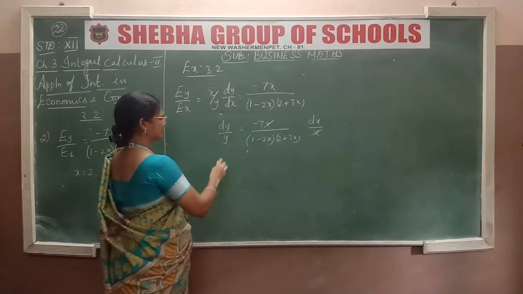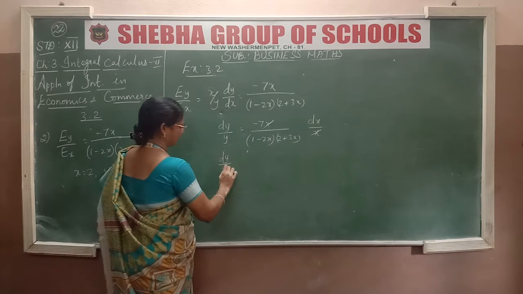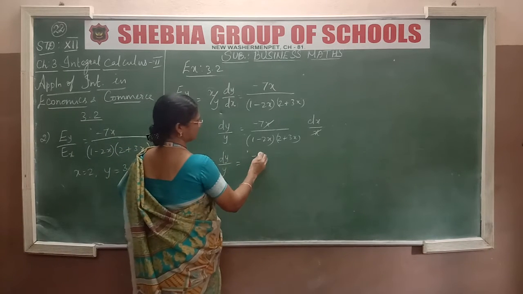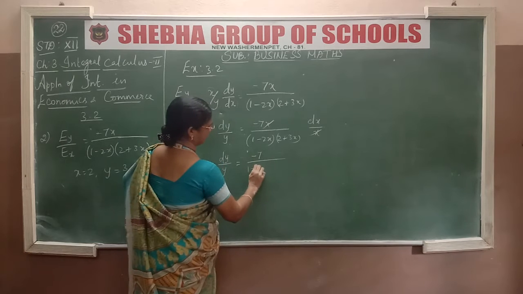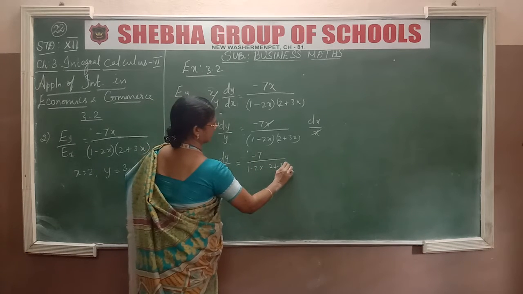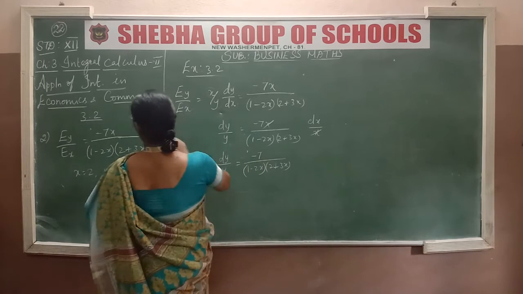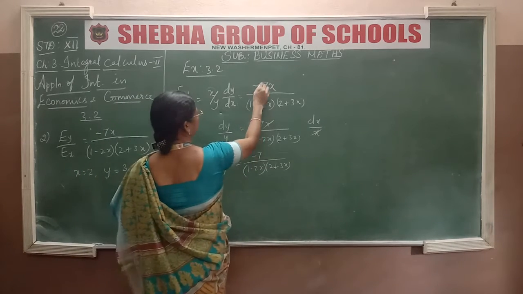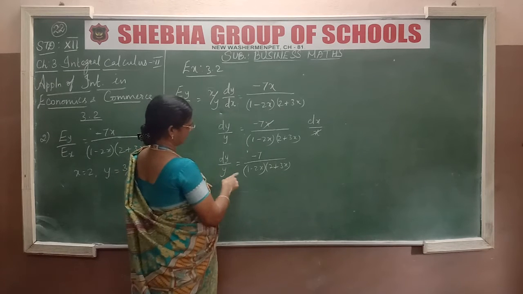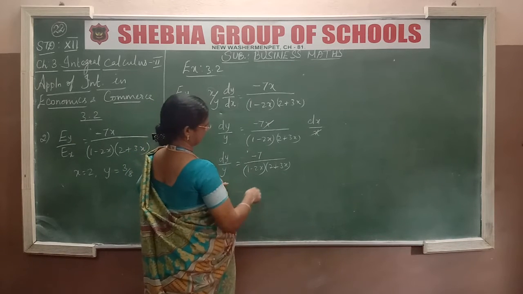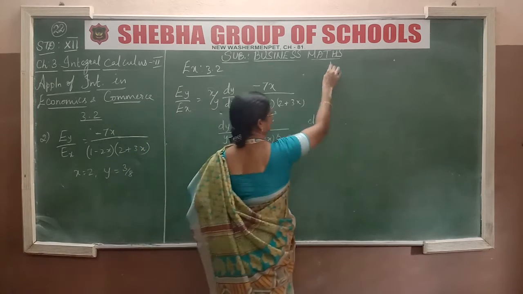The x gets cancelled, and we get dy by y equal to minus 7 by (1 minus 2x)(2 plus 3x).